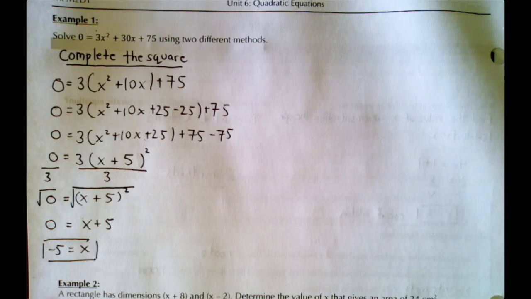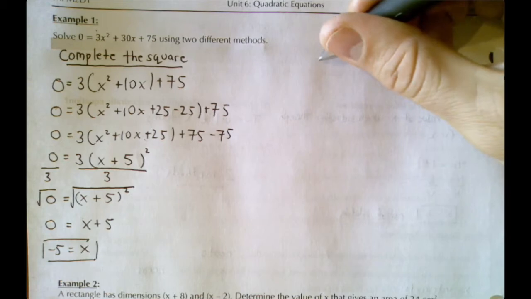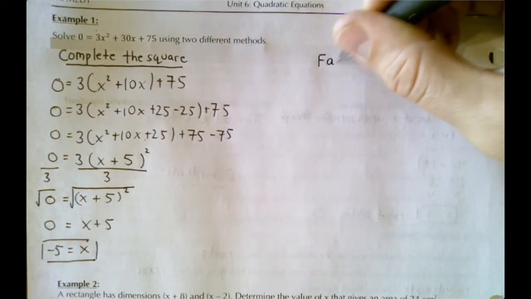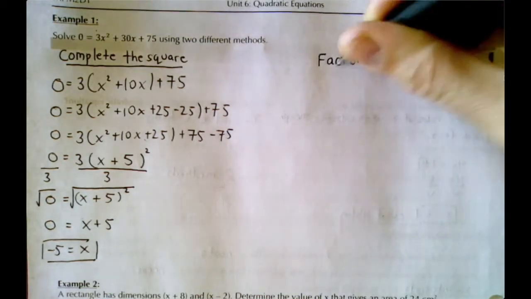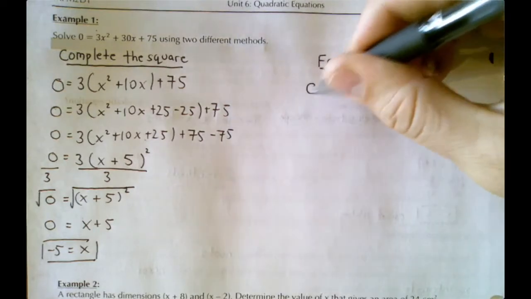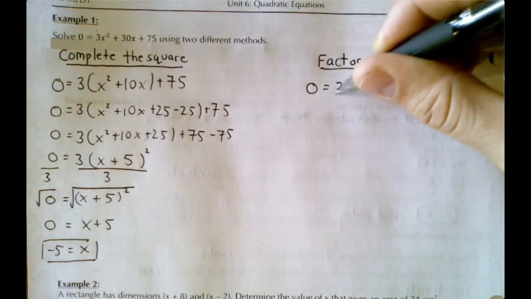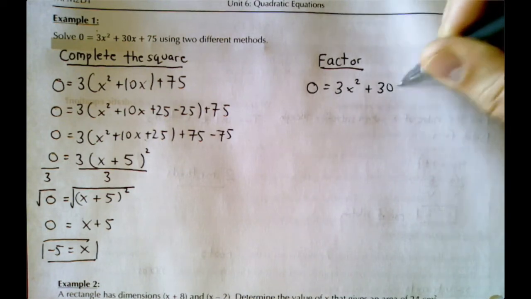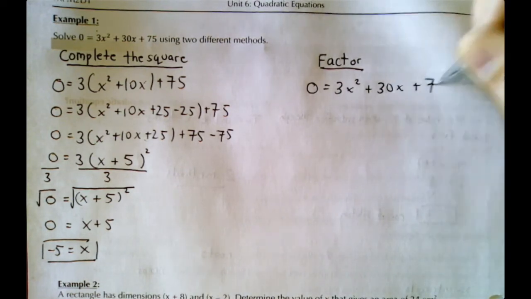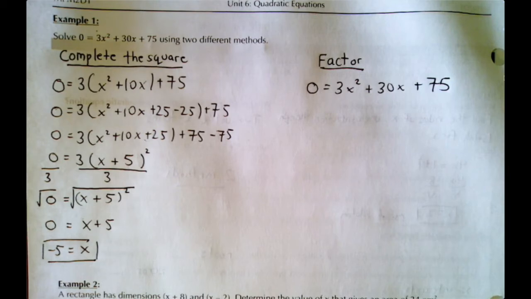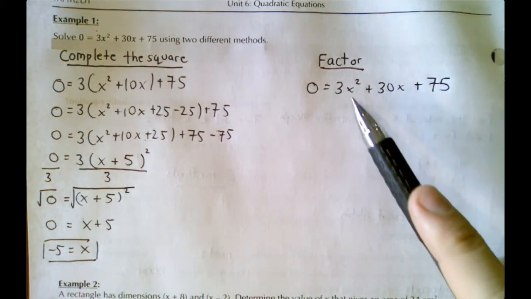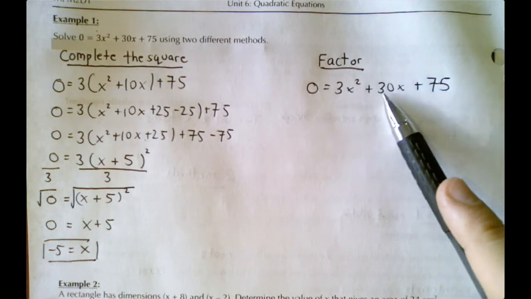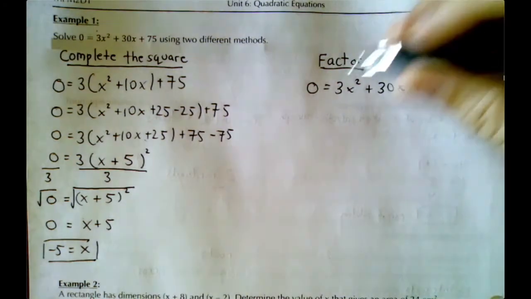If we want to solve this by factoring, let's do that. We've got 0 equals 3x squared plus 30x plus 75. The first thing we should do when factoring is look for a common factor. 3 divides into 3, 30, and 75. Perfect.